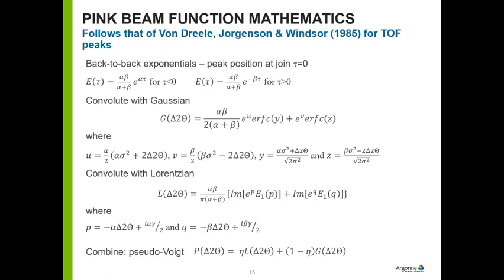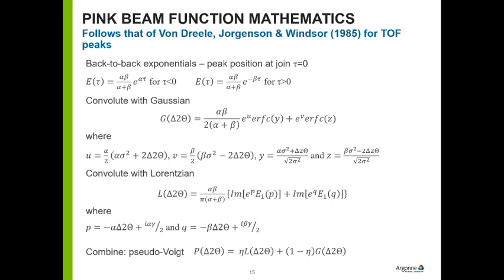And you do the arithmetic, and you get a Gaussian function that involves something called the complementary error function. And I won't tell you what it is. You can go look it up. And then this thing for the Lorentzian gives you something called the imaginary part, that's what that is, of the exponential integral. And again, you can go look that up.